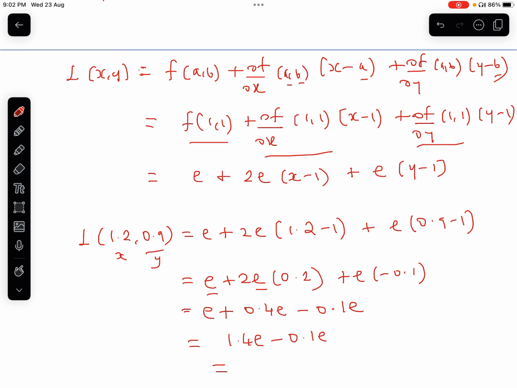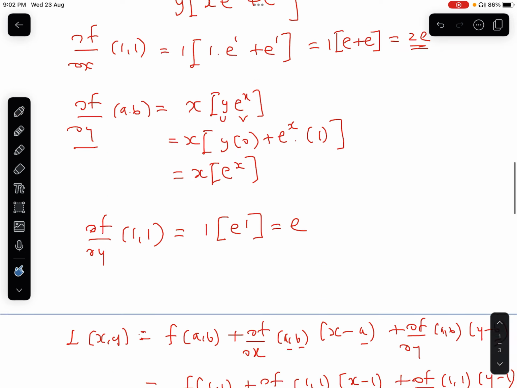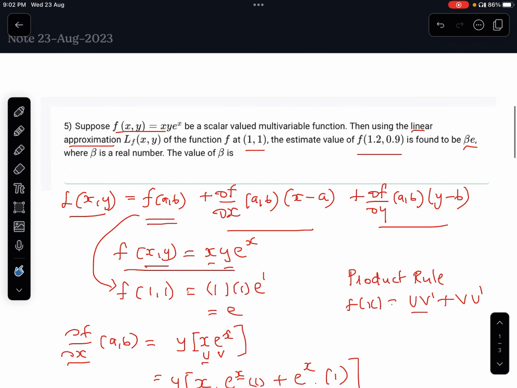So the final answer will be 1.3e. Okay, so therefore the final answer is 1.3e, and we'll write it in the space. So the correct answer is 1.3.